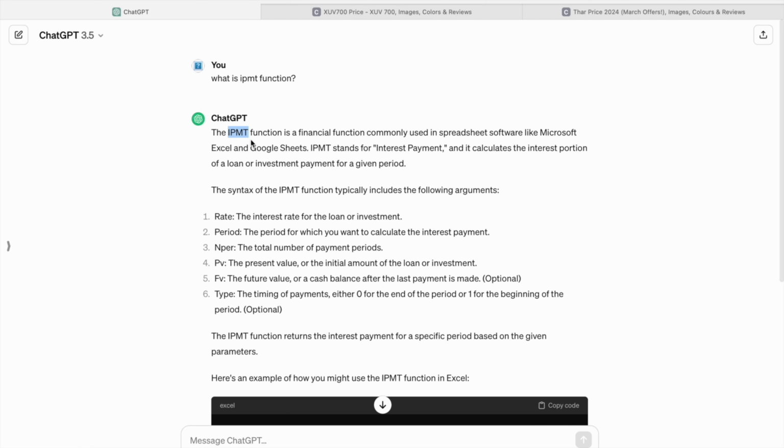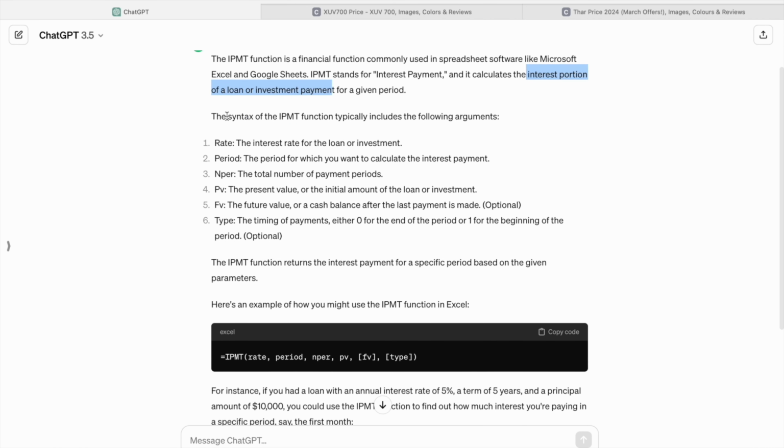The IPMT function is a financial function commonly used in spreadsheet software like Microsoft Excel or Google Sheets. It calculates the interest portion of a loan or investment payment for a given period. So here is the syntax for the IPMT function.